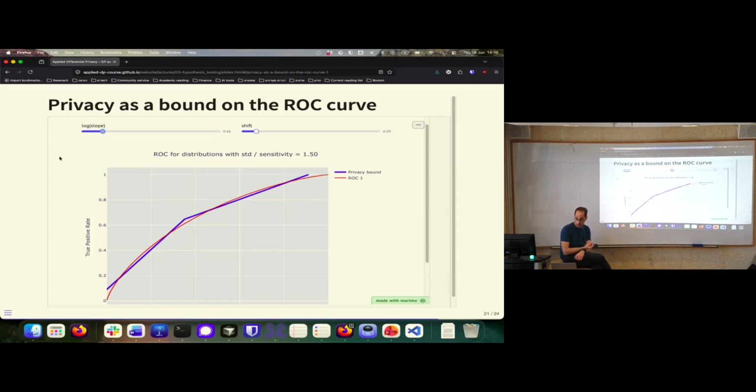The slope, or its log, and the shift. And I say you are slope comma shift private if the ROC induced by a mechanism in any neighboring data sets is below these lines. Okay.